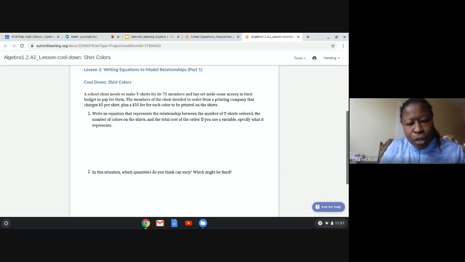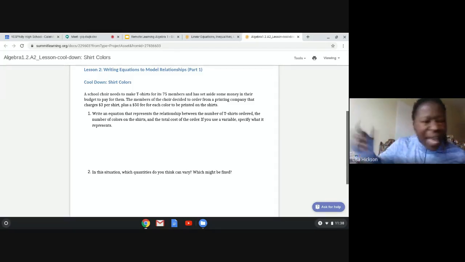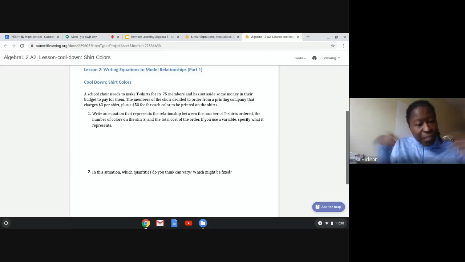And then in number 2, same thing. In this situation, which quantities may vary and which ones might be fixed? So which numbers are constant? That number is going to stay regardless. And then which numbers are going to change? That is your cool down 2.